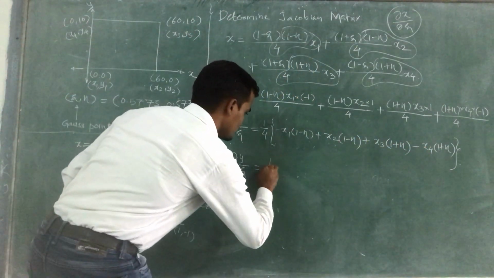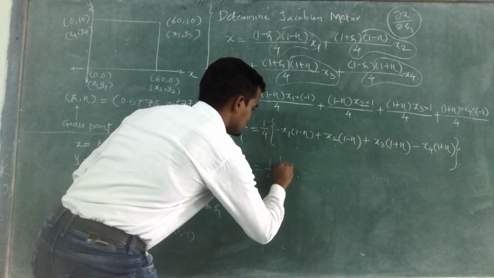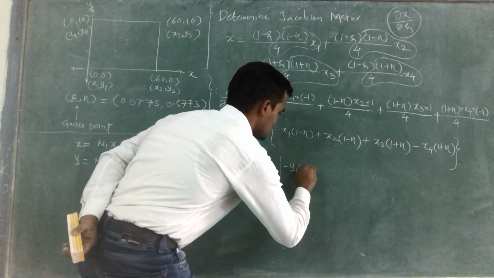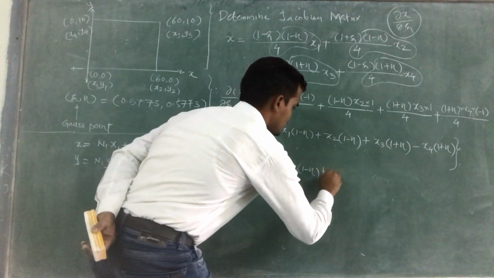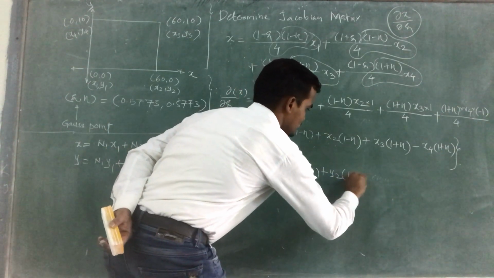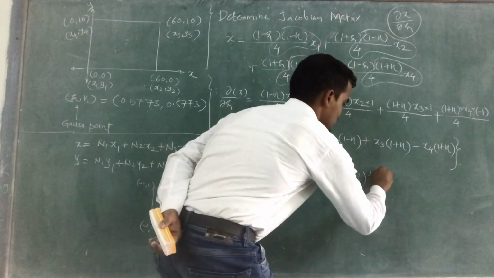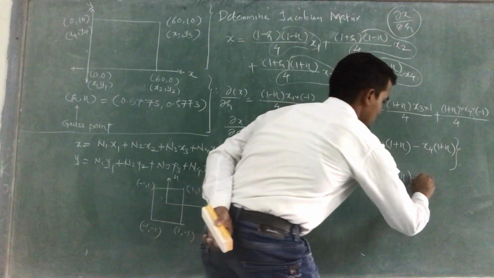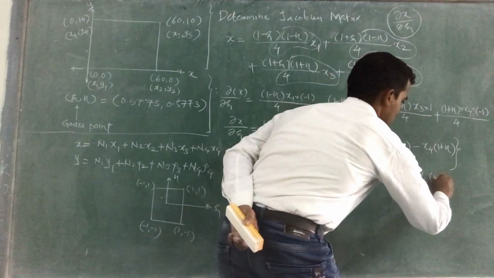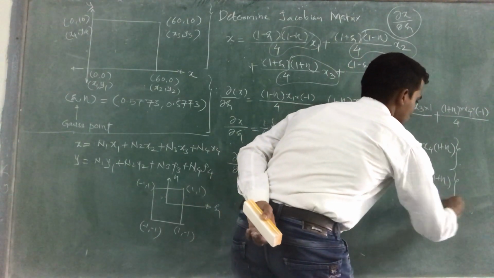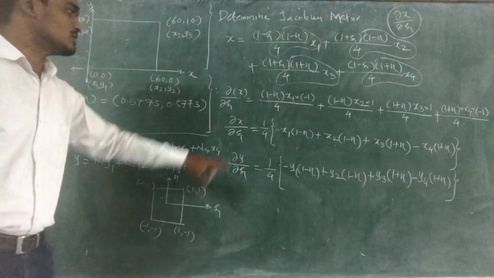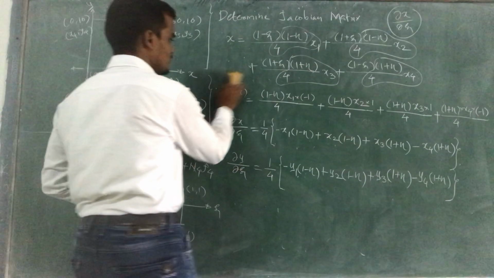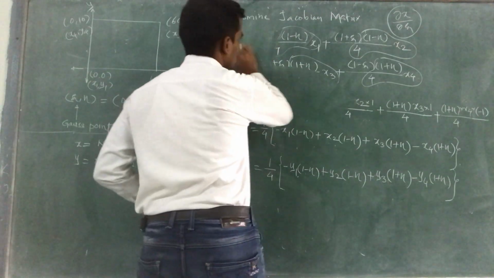So this will become 1/4 into minus y1 times (1 − η) plus y2 times (1 − η) plus y3 times (1 + η) minus y4 times (1 + η). So in this way you will get these two terms, ∂x/∂ζ as well as ∂y/∂ζ. Now we just need to calculate these values.